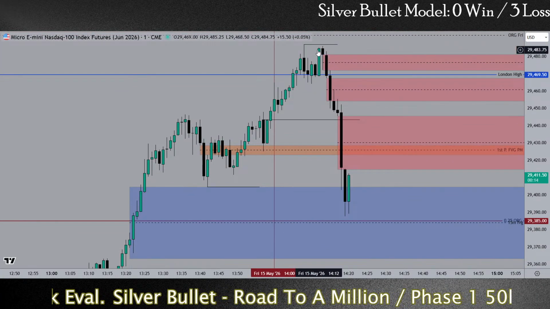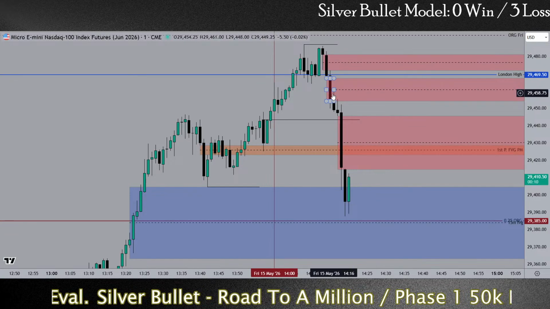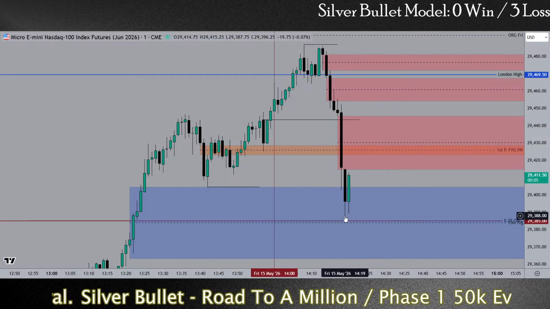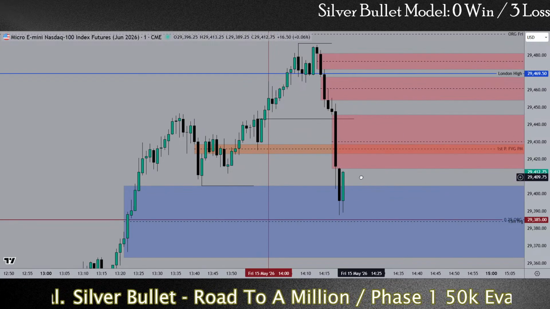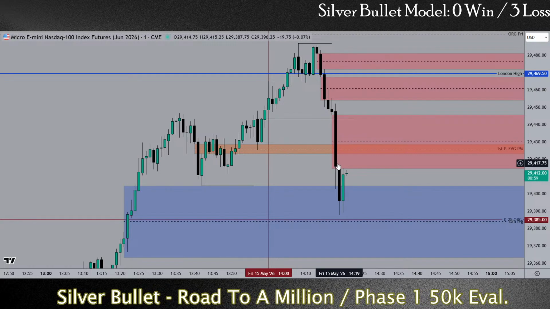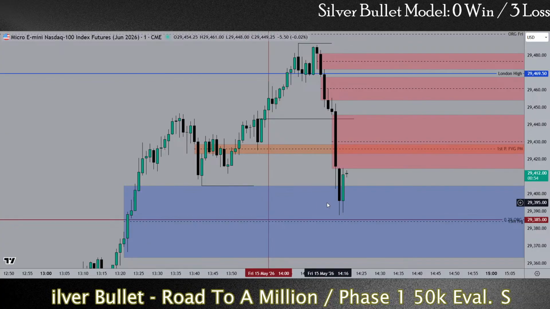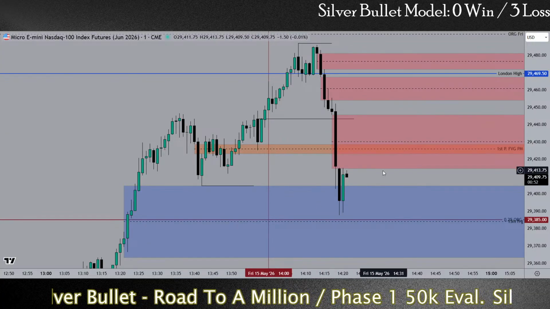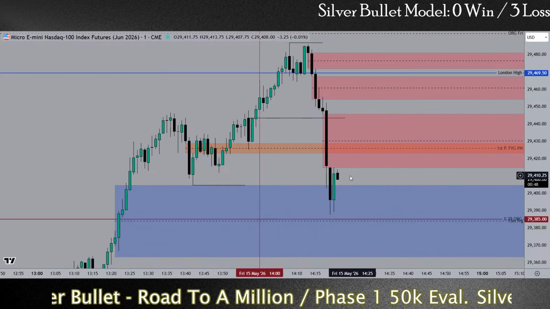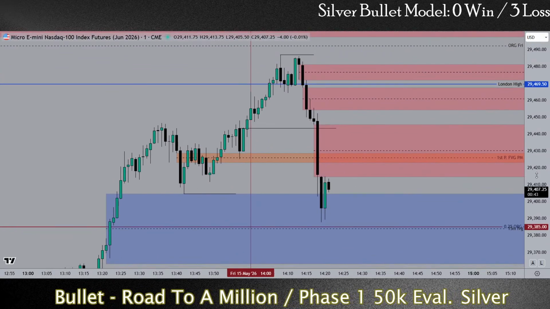This run lower was very quick and it didn't really offer any return to a fair value gap for an entry purpose on this time frame at least. So it's more like a shakeout move to take anyone who was long out. And maybe we'll see a run happening later on, but we'll see. No biggie if it doesn't.